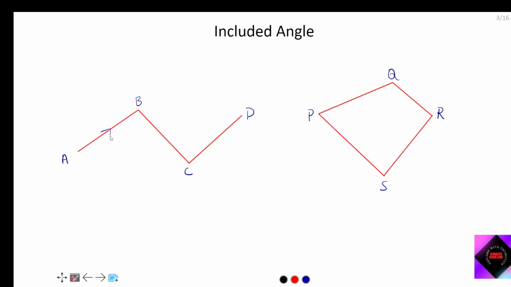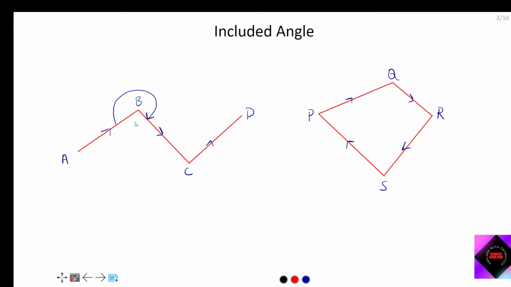I have moved from A to B, then B to C, and then C to D. And in this case, P to Q, Q to R, R to S, and S to P. So included angle is the angle between two lines, moving from the previous line to the next line in clockwise direction. Means if you move from previous line to next line in clockwise direction, then your angle will be the included angle.